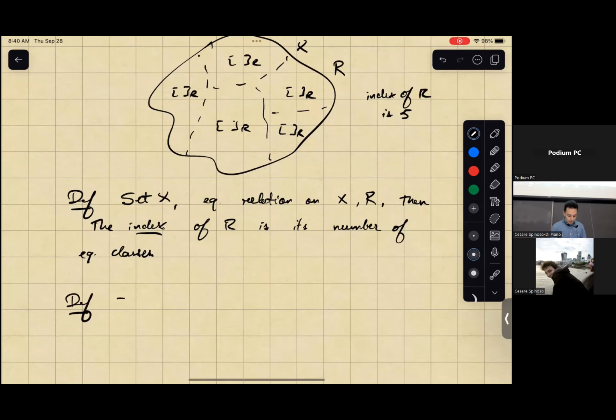Suppose I have a non-empty alphabet and an equivalence relation R on the set of all strings sigma star.